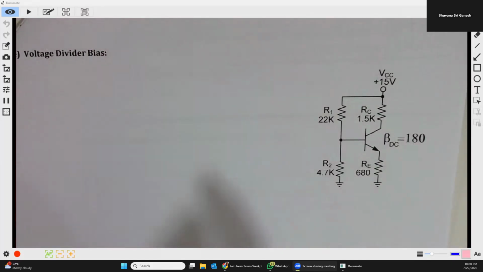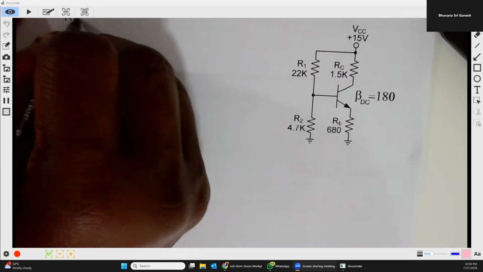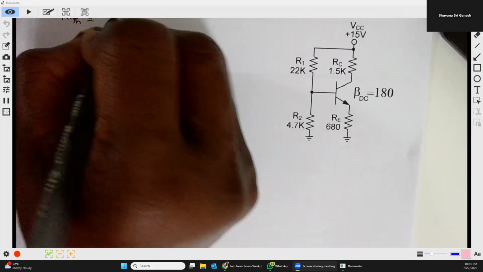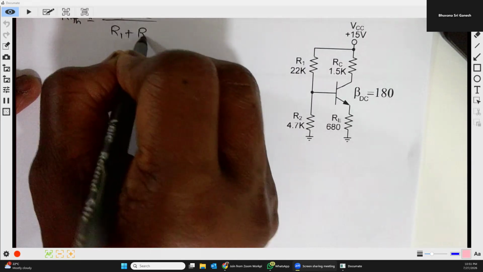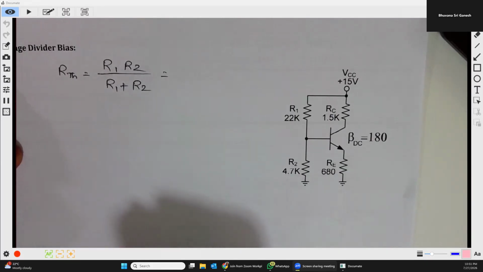Now let's go. So first thing is what? RTH and VTH, right? Let's find RTH, R Thevenin. R Thevenin is R1 and R2 in parallel, R1 times R2 over R1 plus R2. R1 is 22 kilo and R2 is 4.7 kilo.